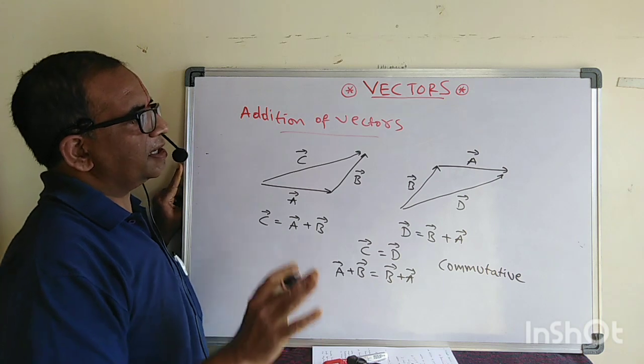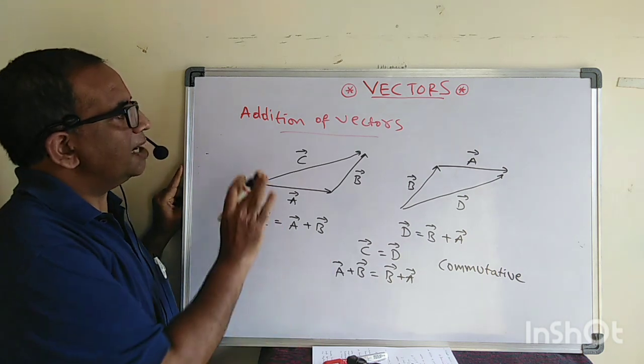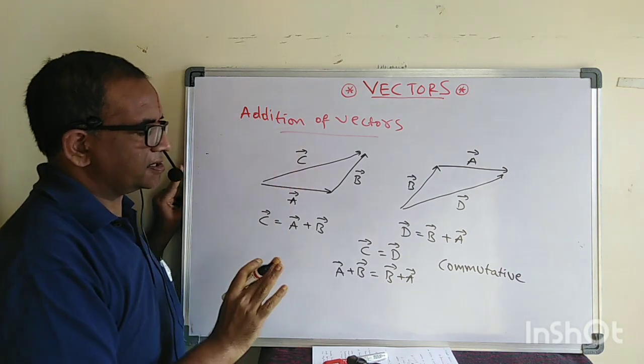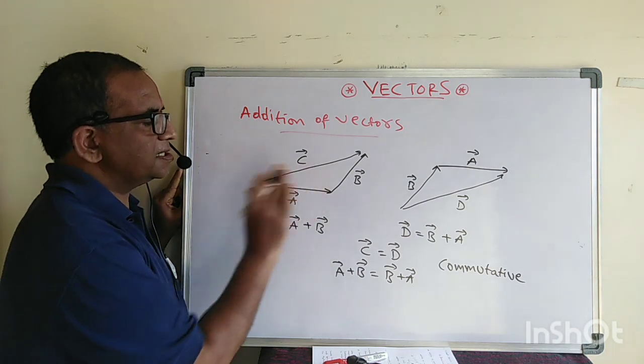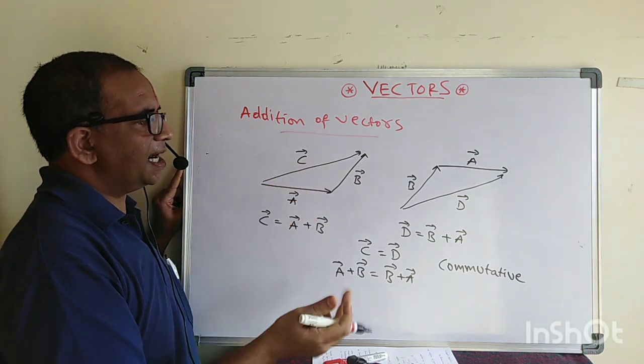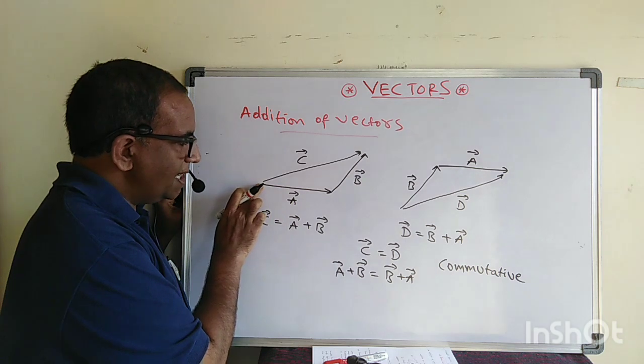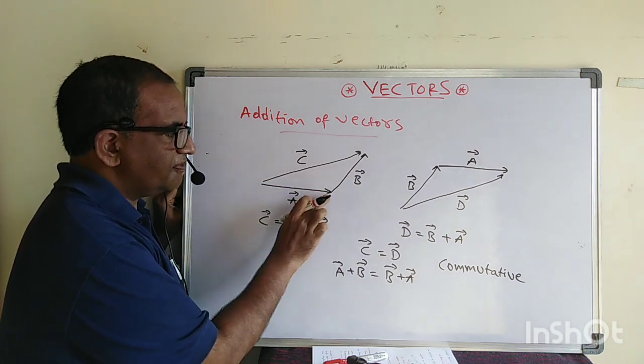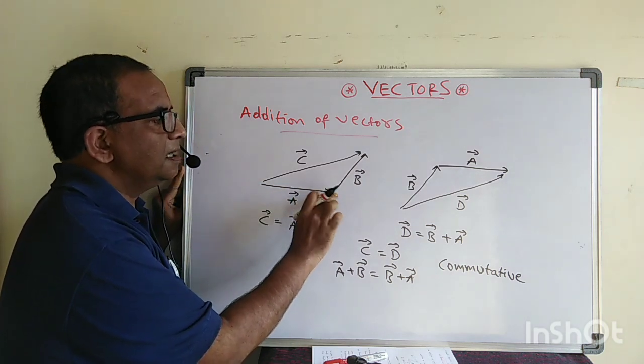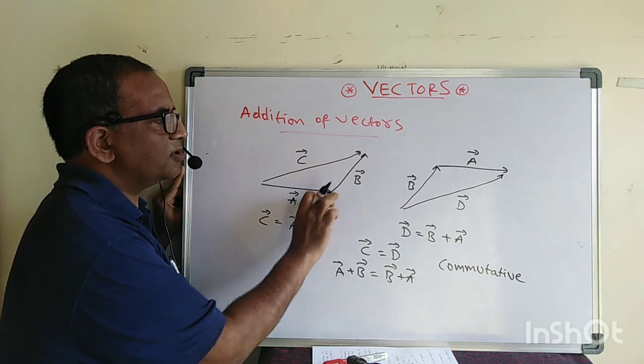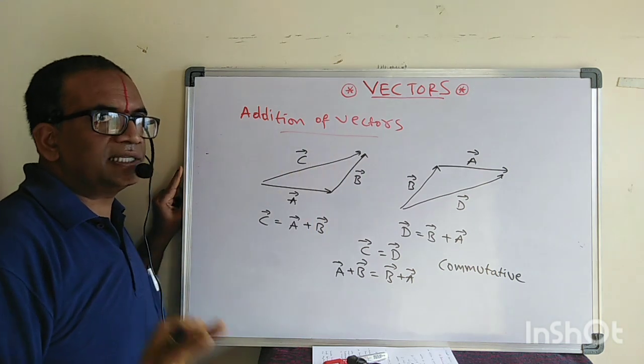So what am I trying to discuss today? Today I am trying to discuss the addition of vectors. When two vectors are taken, see how they are added: the tail and head, from the next head to the tail is added, and we have drawn that vector. And there is one property.